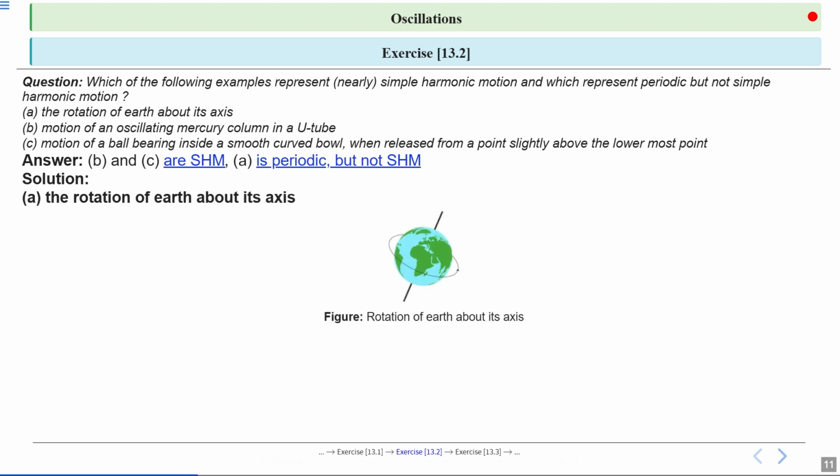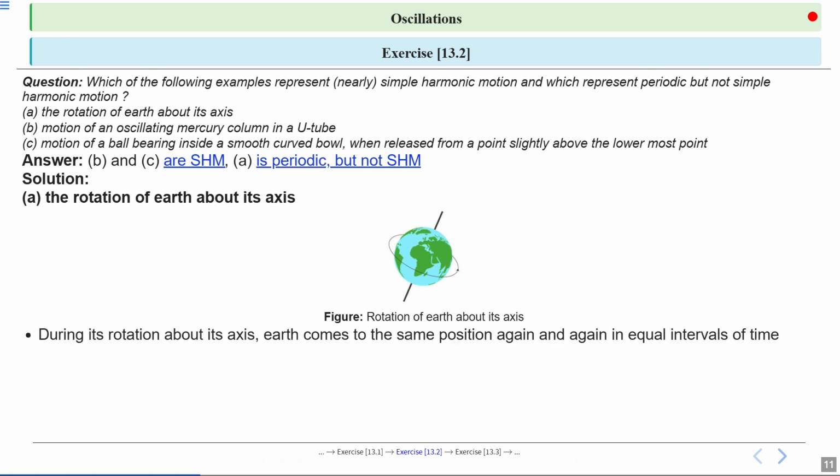First, let's focus on A. The rotation of Earth about its axis. So, during its rotation about its axis, Earth comes to the same position again and again in equal intervals of time. This means the motion is periodic because it repeats at regular intervals.